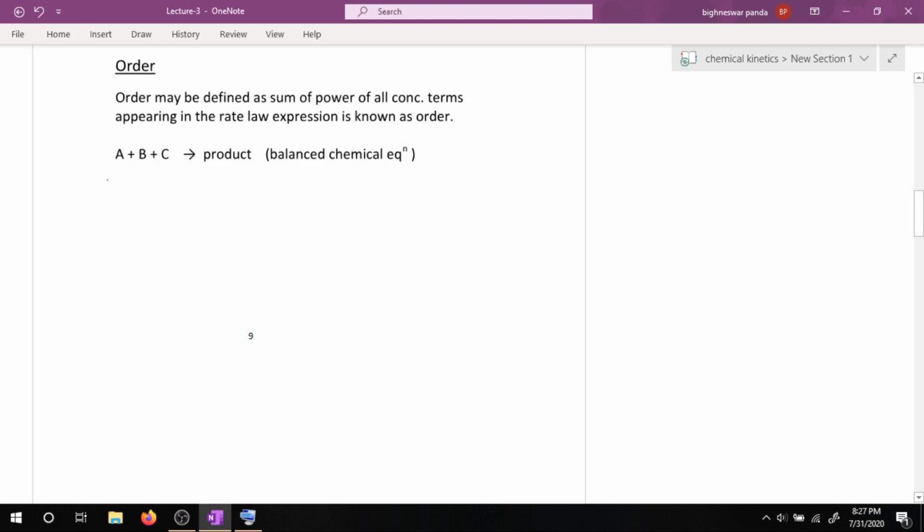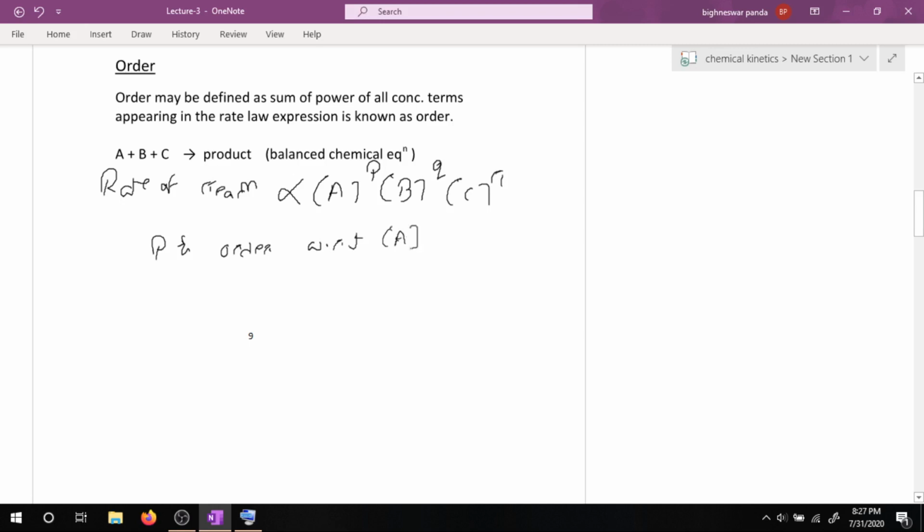So I can write the rate of reaction is directly proportional to [A]^P [B]^Q [C]^R, where P is the order with respect to the A concentration term, Q is the order with respect to the B concentration term, and R is the order with respect to the C concentration term.